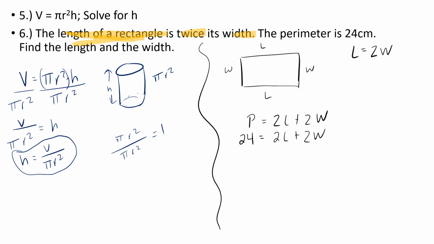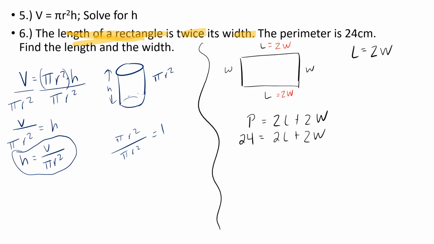Whatever the width is, oh gosh, I think I said it all backwards. The length is twice the width. Whatever the width is, the length is twice that. So over here, the length is double whatever the width is. So what I can do with that is I have this is equal to 2w, equal to 2w.